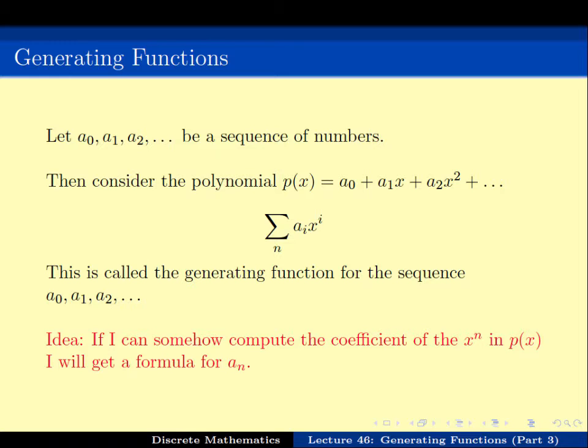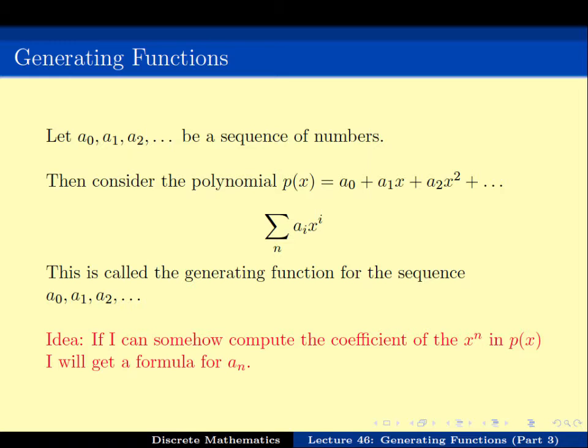The idea being, if we can somehow compute the nth coefficient of x power n in p of x, then I get a formula for an. Now in the last video, we saw how this technique can be applied to solve the recurrence of the form an equals 3 times an minus 1. In this video we will see one more application of generating functions, and that will be something that is not new.